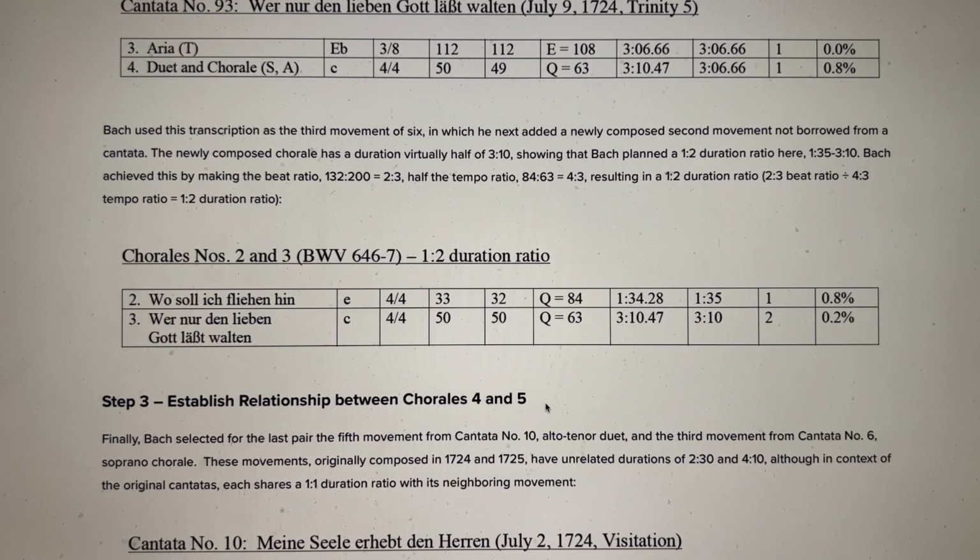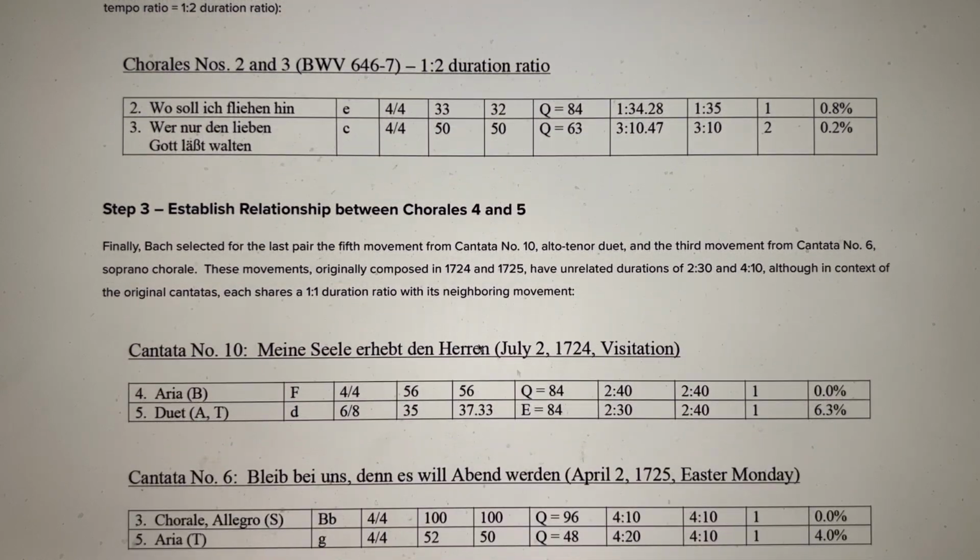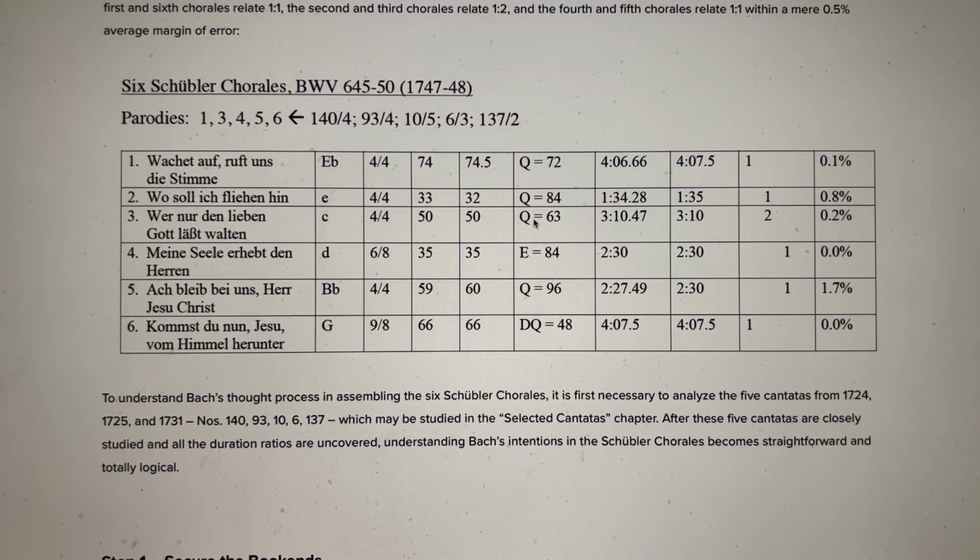Step number 3. The third and final step was to establish a relationship between chorales 4 and 5. So you can see in the chart here that number 4, Meine Seele erhebt den Herrn, and Ach bleib bei uns, both are virtually equal in duration, 2.5 minutes and 2 minutes and 27 seconds.